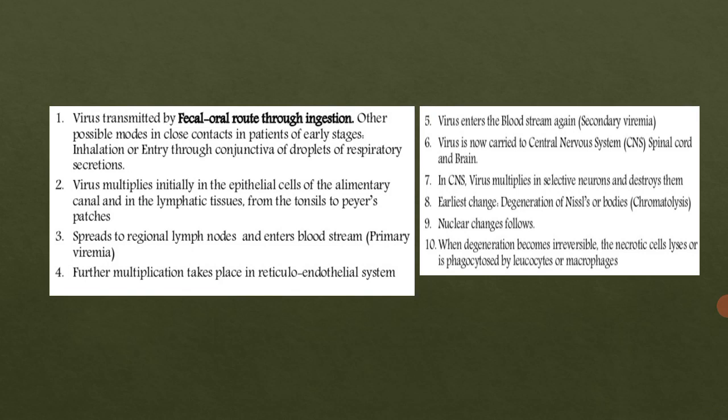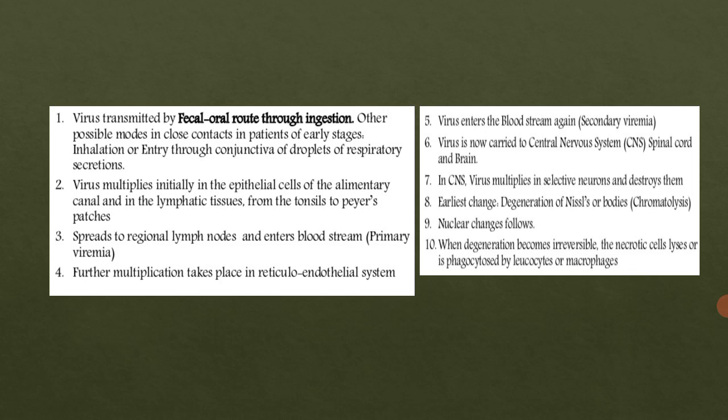Then the virus multiplies initially in the epithelial cells of the alimentary canal and in the lymphatic tissues from the tonsils to the Peyer's patches. What is the route of this virus? Once the virus enters the body, it reaches the epithelial cells in the alimentary canal, and there it causes local multiplication, as we saw in the previous slide.